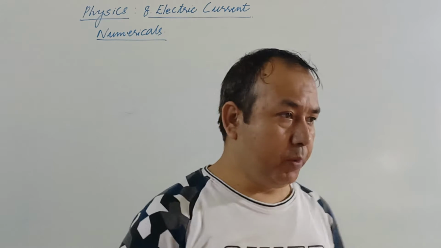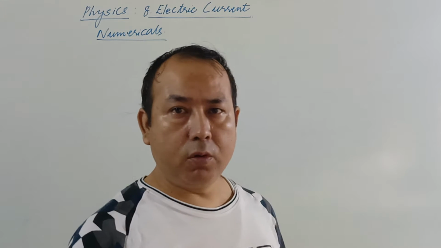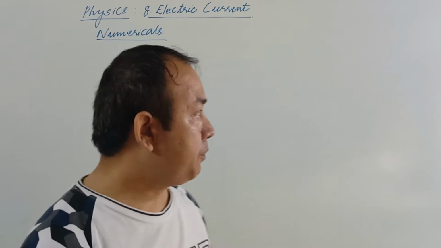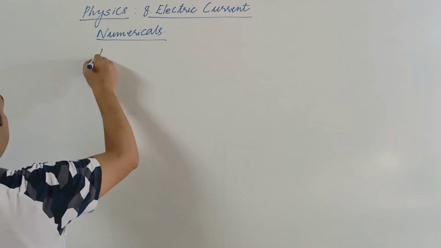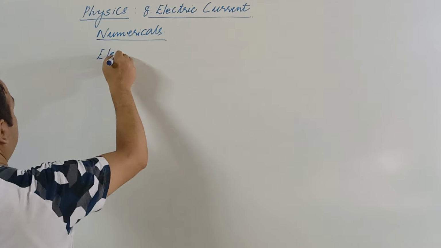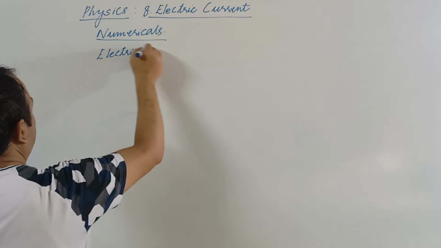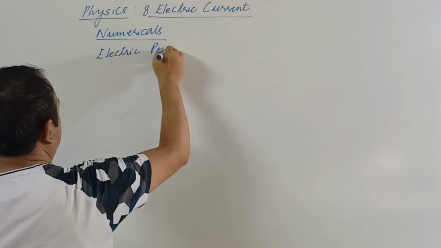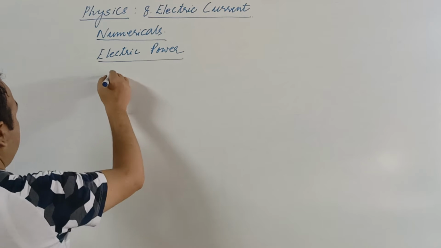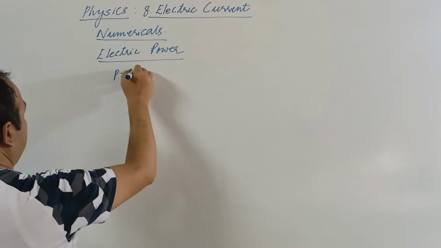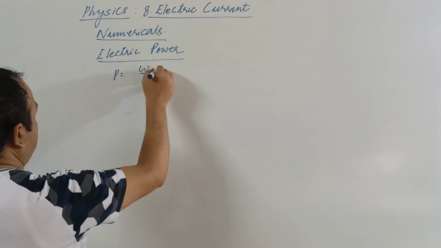Before starting the numericals, we'll note down all the formulae to be used here. First comes electric power. The formula for electric power is work done per unit time.